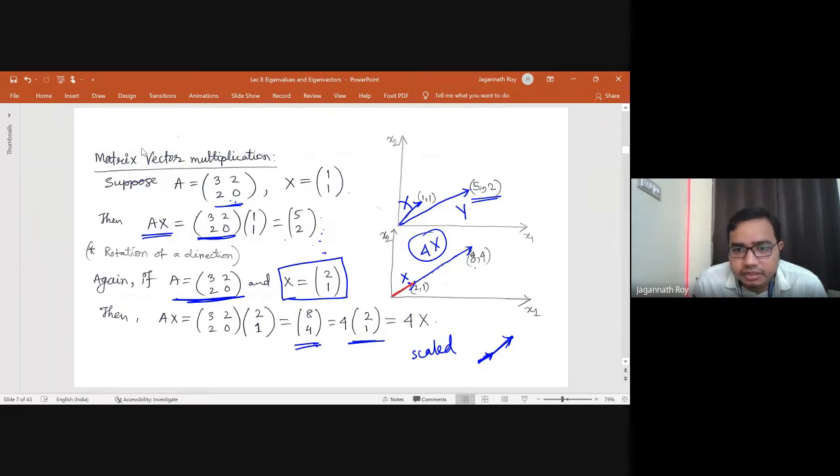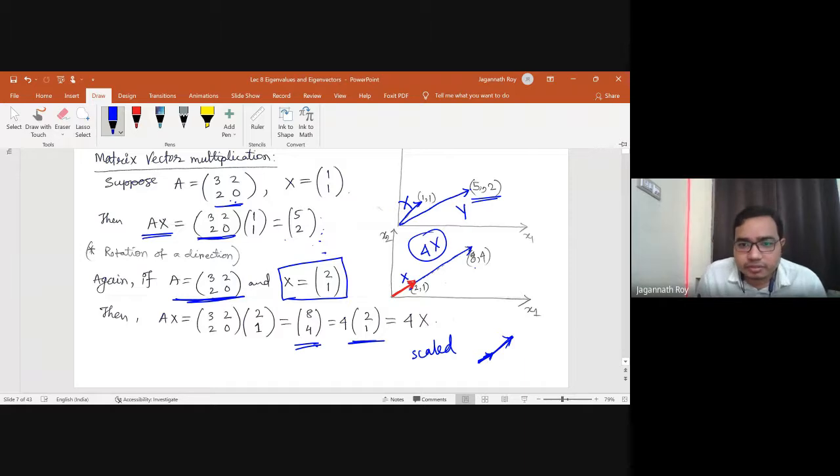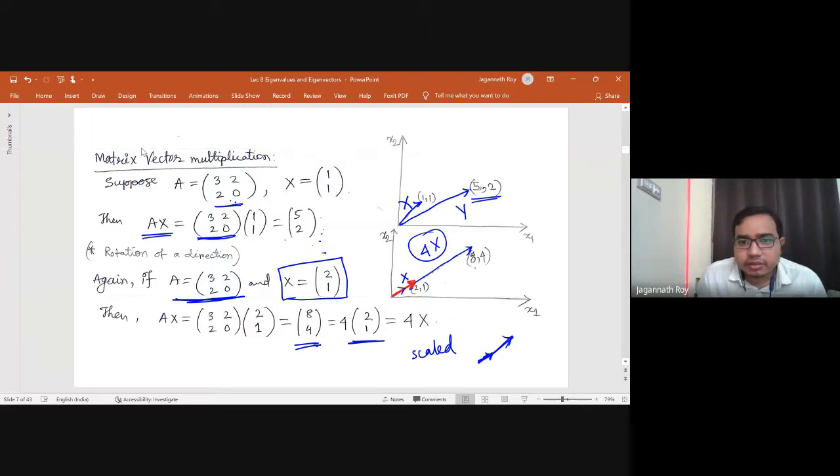This is the matrix, this is our x vector, and we can have a situation where we get half x. This is also called scaling, whether increased or decreased, but in the same direction, in the same line.